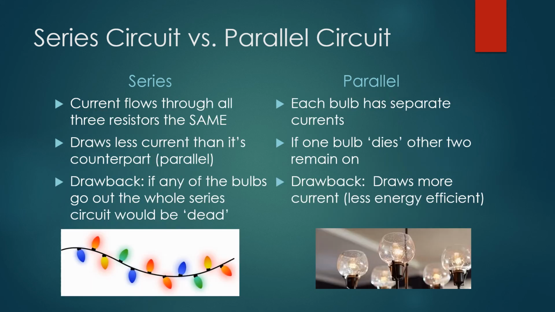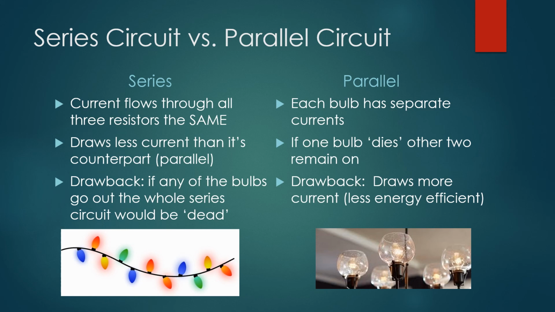So let's look at some other pros and cons between series and parallel. Since it's the same current flowing through all 3 resistors in a series, it's drawing less current, so it's going to be cheaper. So that's a plus with series. A drawback, however, is that if any of the bulbs go out, then the whole circuit's going to be dead.